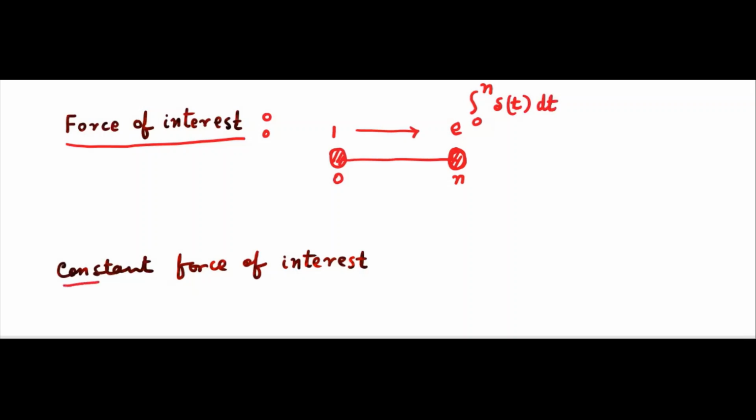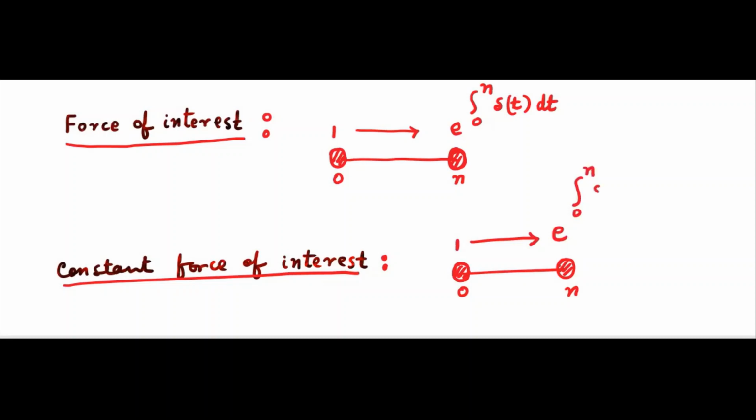Now if you want to find the constant force of interest, we'll use the same formula. The only difference is that here delta is constant. You just replace delta t by delta. If you write delta here, then it will be delta dt.